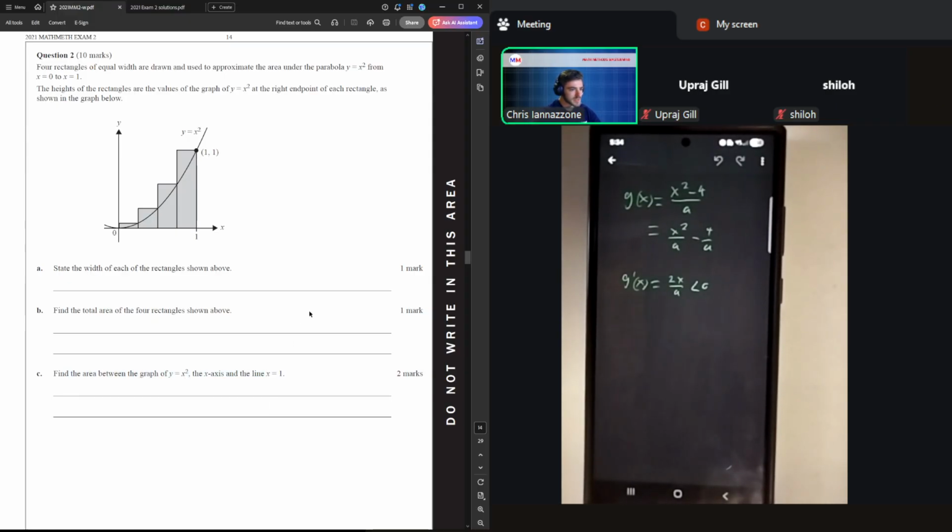Part C, find the area between the graph of the quadratic, the x-axis, and a line x equals 1.